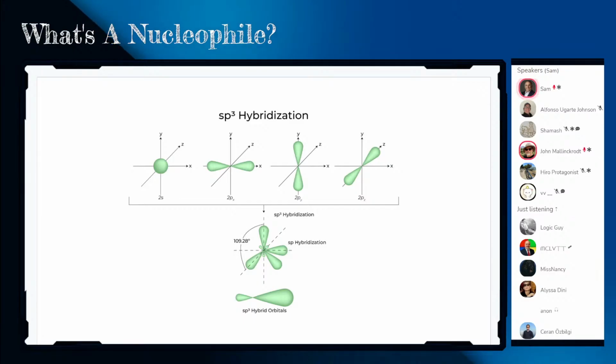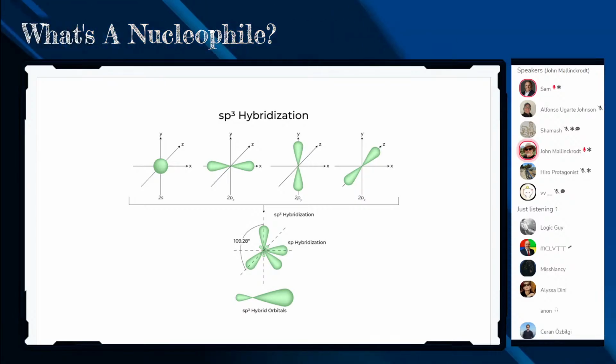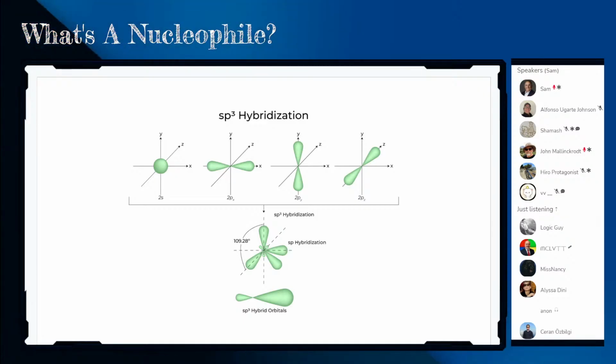It's better to be clear that the other two are completely off the Cartesian coordinates. Instead of being 90 degrees apart, they're 109.28. Yes, that is very confusing.